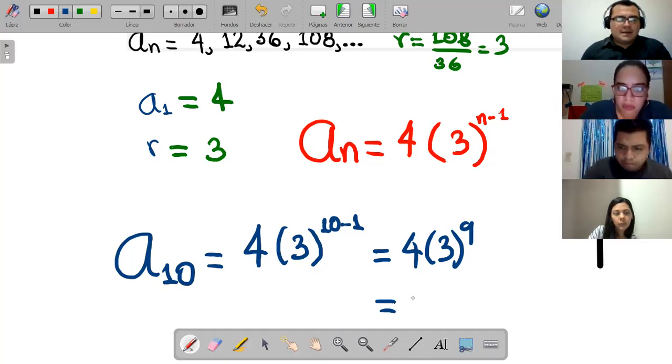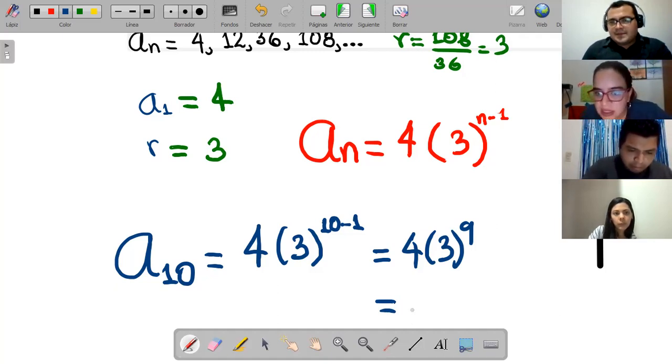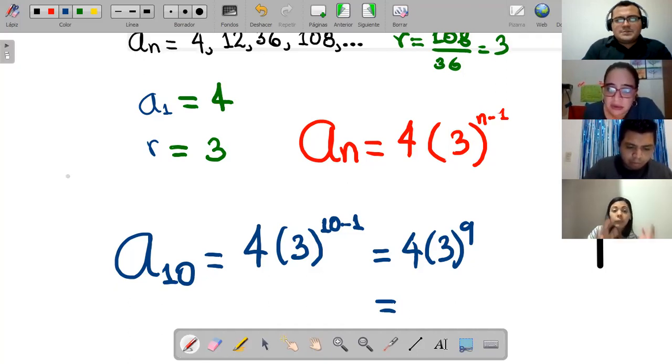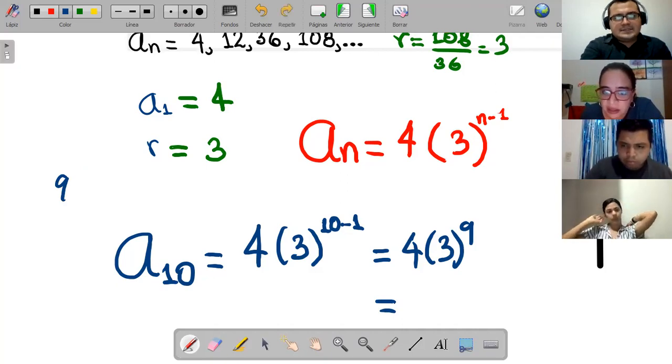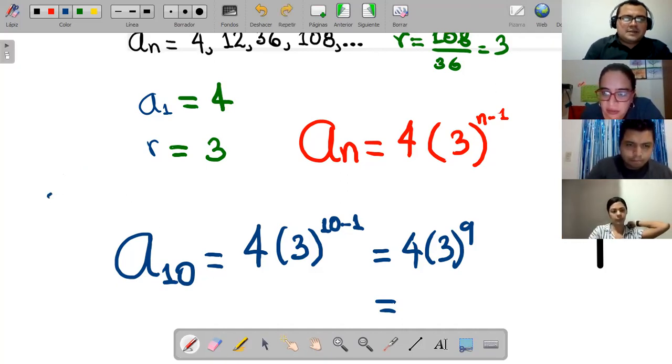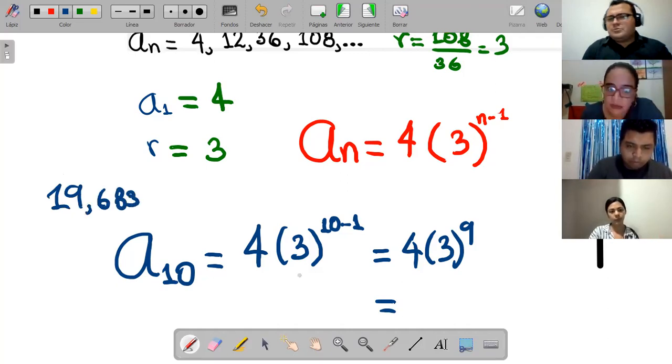So what's the number? Who can tell me? I don't know if you already tried it. 19,683. I think it's 19,683. How do you solve it in the calculator?